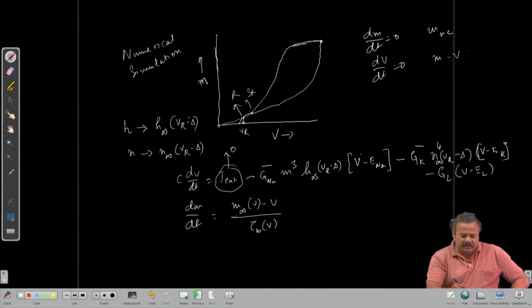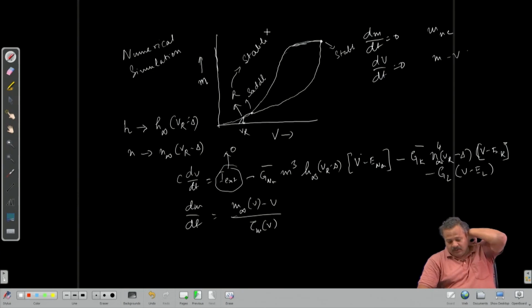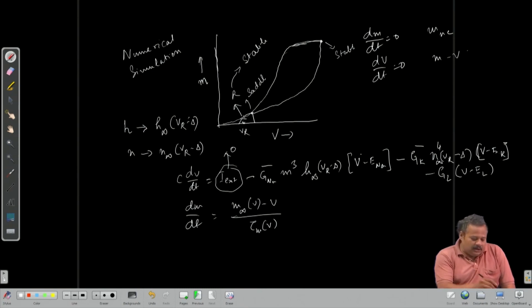So, this resting point is also a stable node, and we have a stable manifold coming in to this particular saddle node, which is what is providing us the threshold phenomena. That is, if we start with a voltage somewhere along this line, then beyond this point we get threshold.